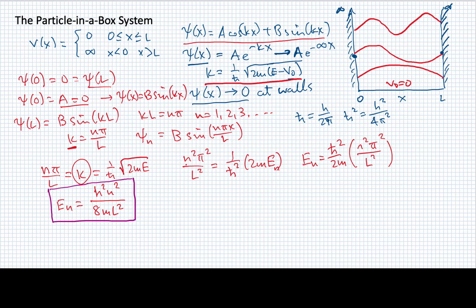So what do we gain from this? Well, one of the things that I hope we notice from this is that these energy levels are now discrete energy levels. This is a general feature of bound systems. So we can say bound systems have discrete levels. They don't have continuous energy levels anymore.